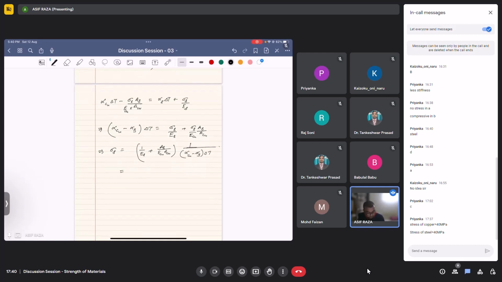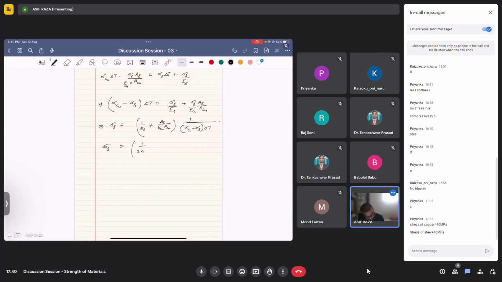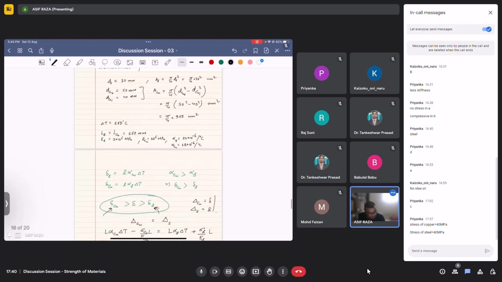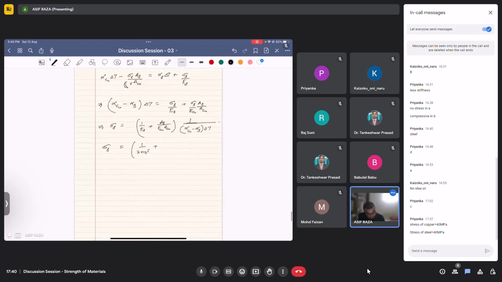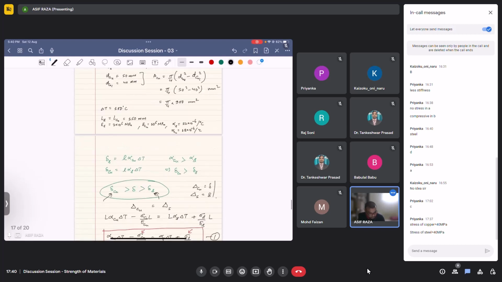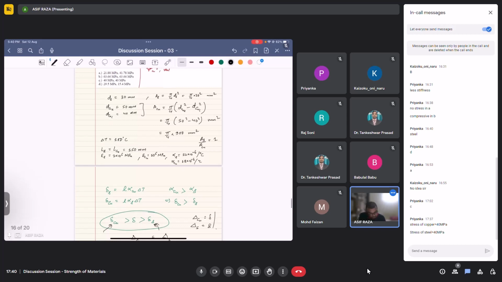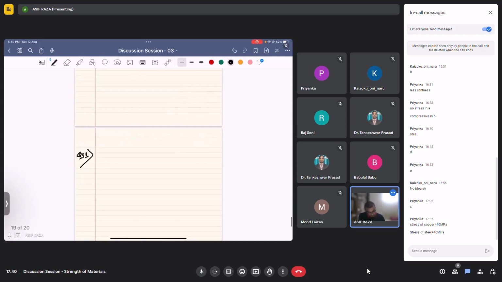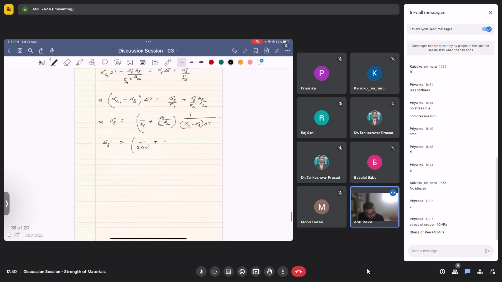Okay, let's substitute everything here. Sigma S, 1 upon ES is 2 into 10 to the power 5, plus AS upon ACU. The areas are pi by 4 times 30 square, so AS upon ACU would be equal to 1. Then 1 upon ECU, ECU is 10 to the power 5.